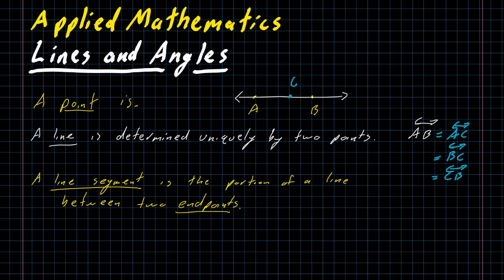A line segment is the portion of a line between 2 endpoints.